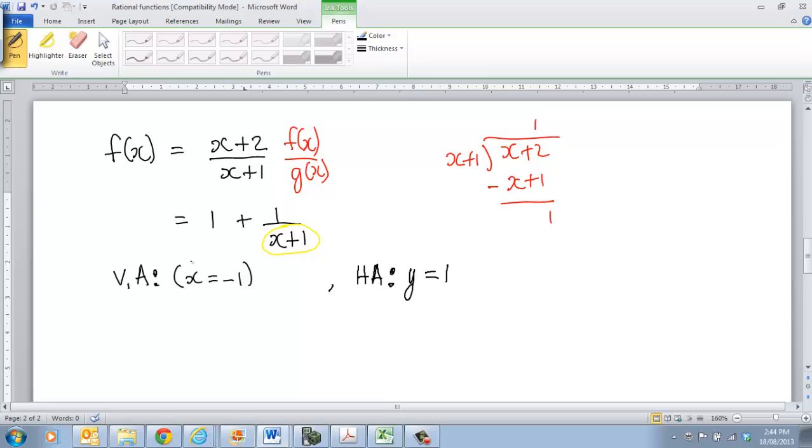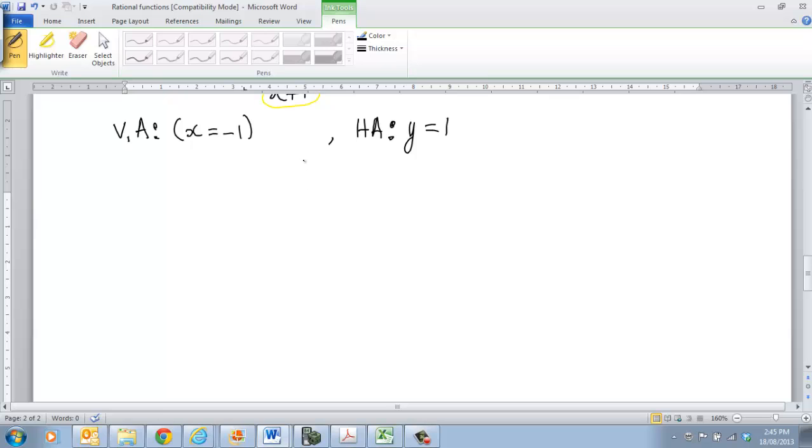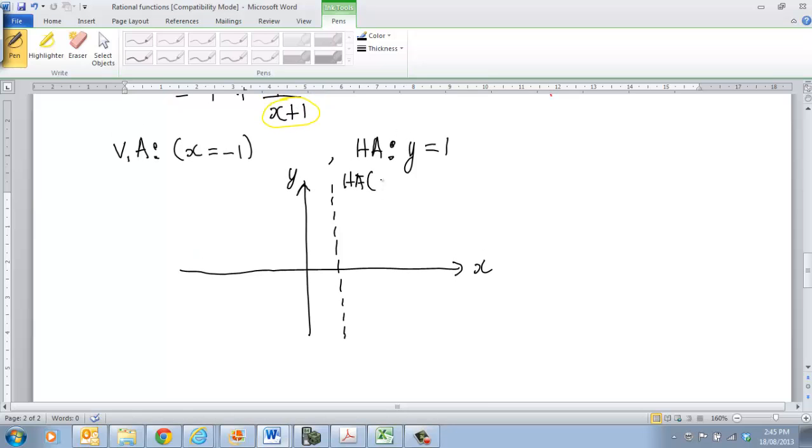The idea of doing this is probably to do a sketch of this particular function. So I could simply draw my axes here. This is my x-axis, this is my y-axis. I know I've got a horizontal asymptote, that's that label in there, when y is equal to 1. I know I've got a vertical asymptote when x is equal to, oh sorry, I'll stuff that up.